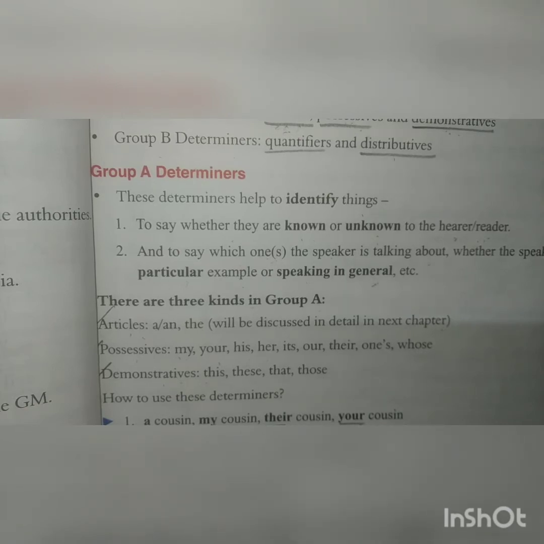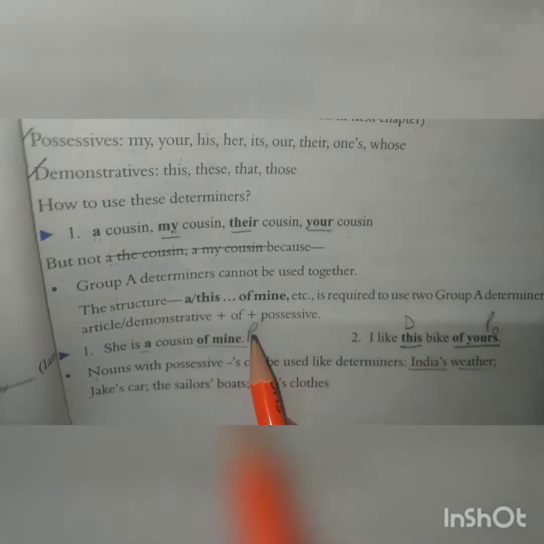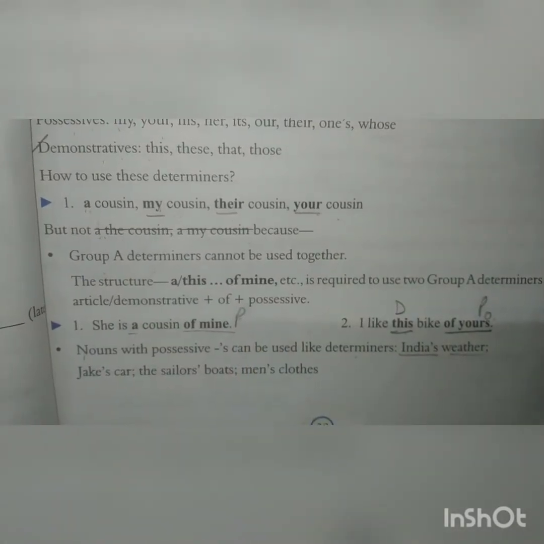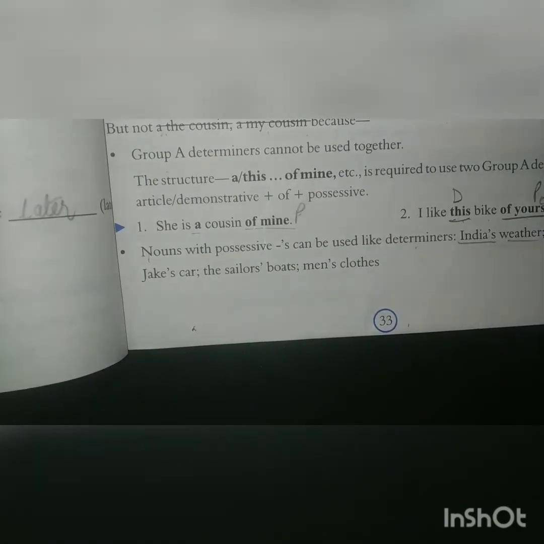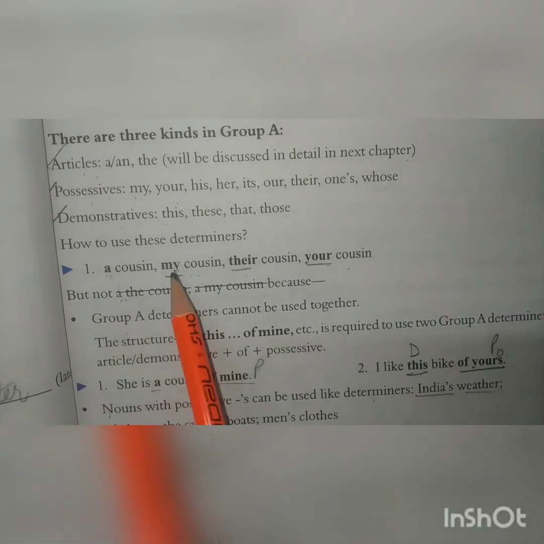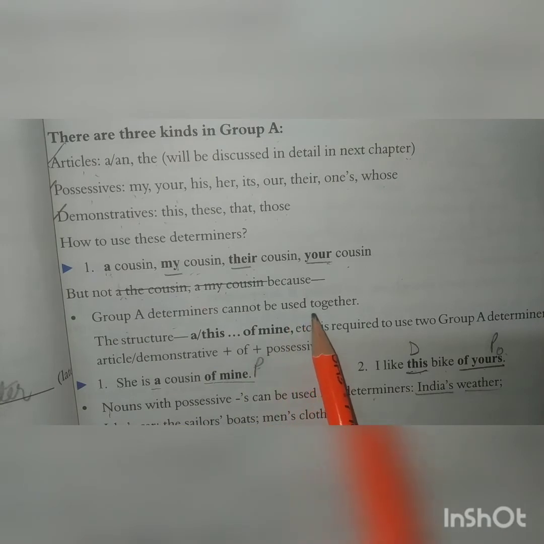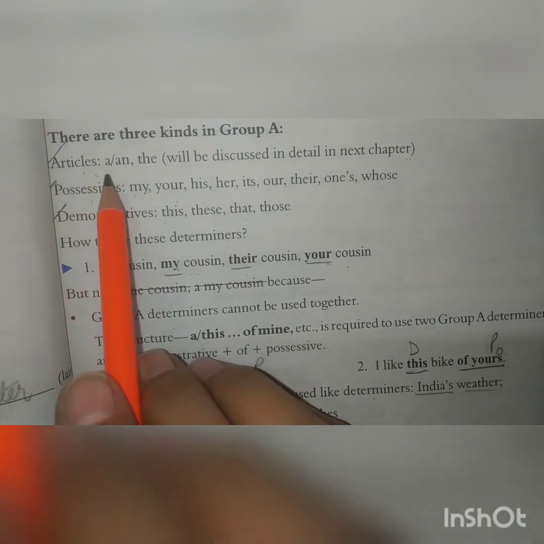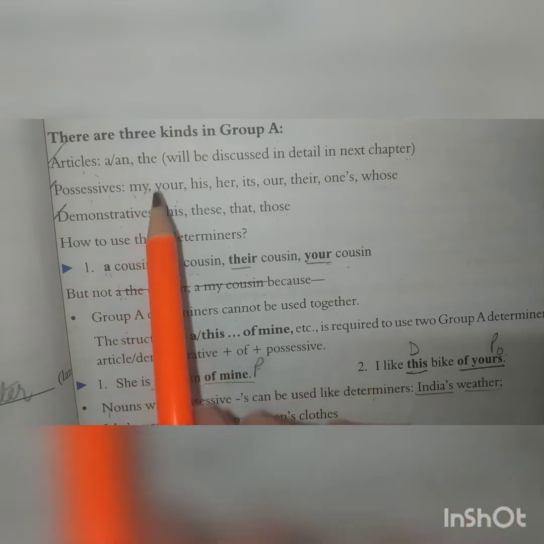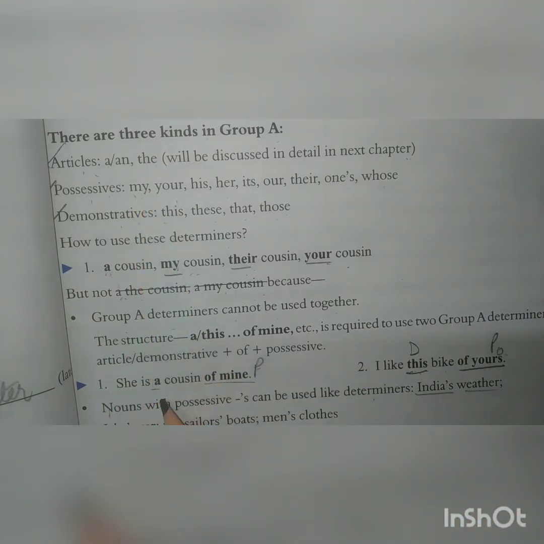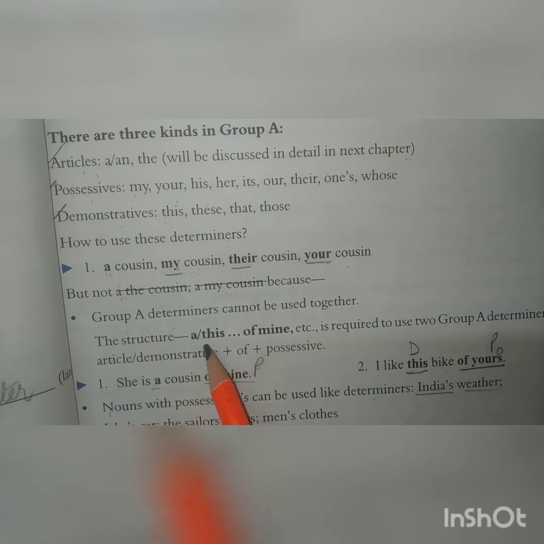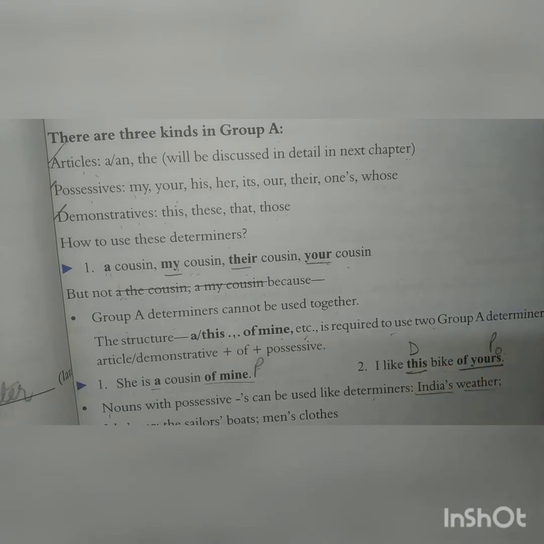So group A determiners cannot be used together. तो ये जो ग्रुप ए डिटर्मिनर्स हैं इनको हम टुगेदर नहीं यूज कर सकते. Like the structure has to be either we use a or this. Then बीच में जो भी phrases आएंगे, of, mine, etc. is required to use 2 group A determiners together.